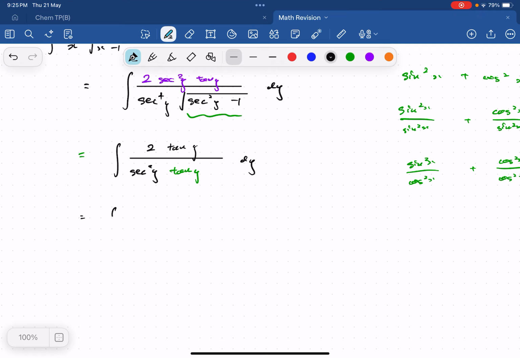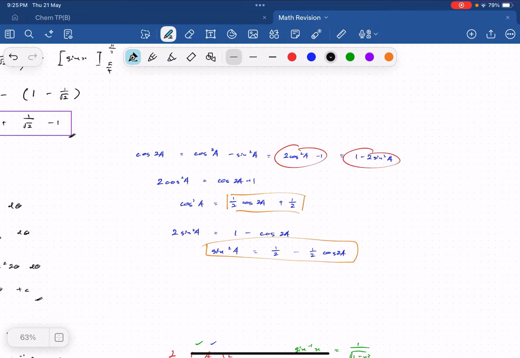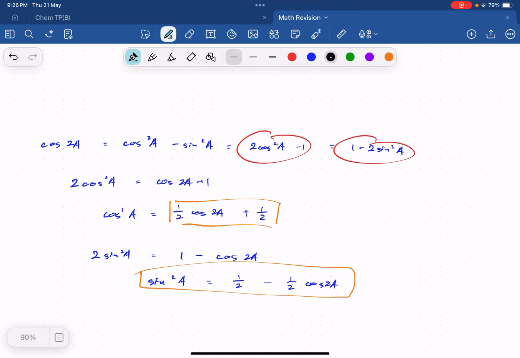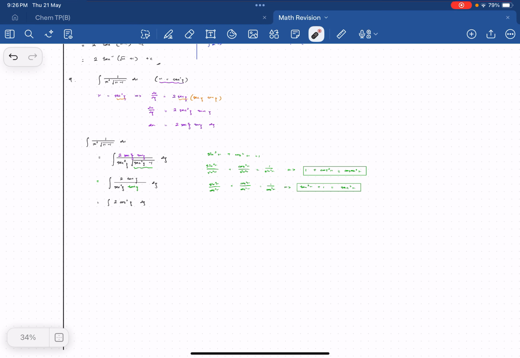Cosine squared, right? And then we did this earlier. Did we do it in this video or in episode 1? Hang on. Yeah, in episode 1, when I was going through the last integral, I showed you how to manipulate the double angle formula for cosine to integrate cosine squared, right? So we can use that now.